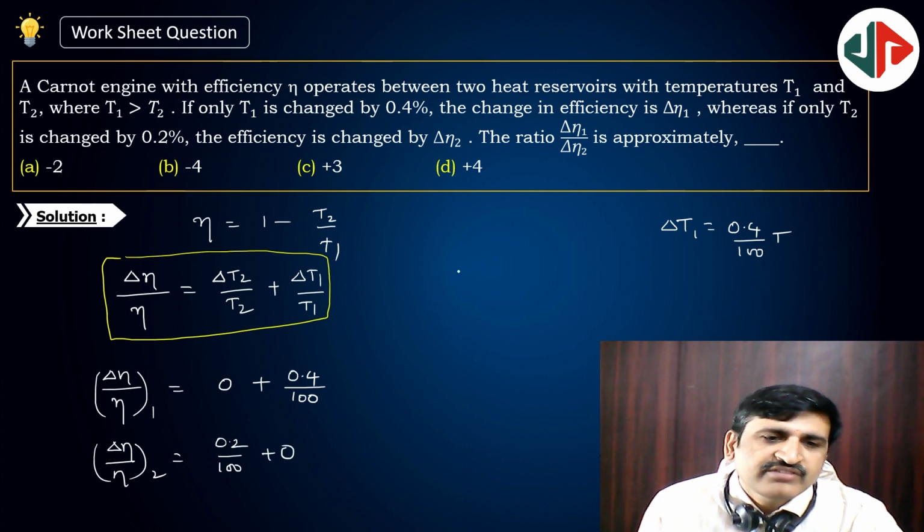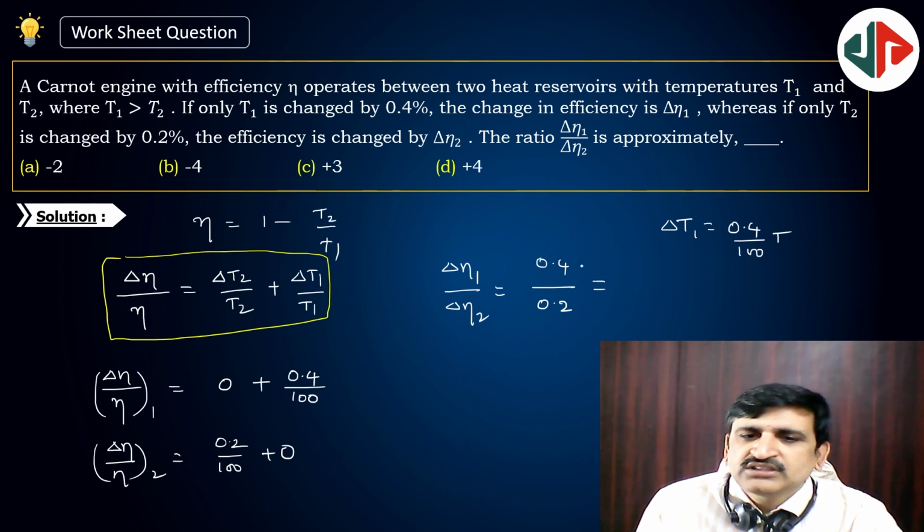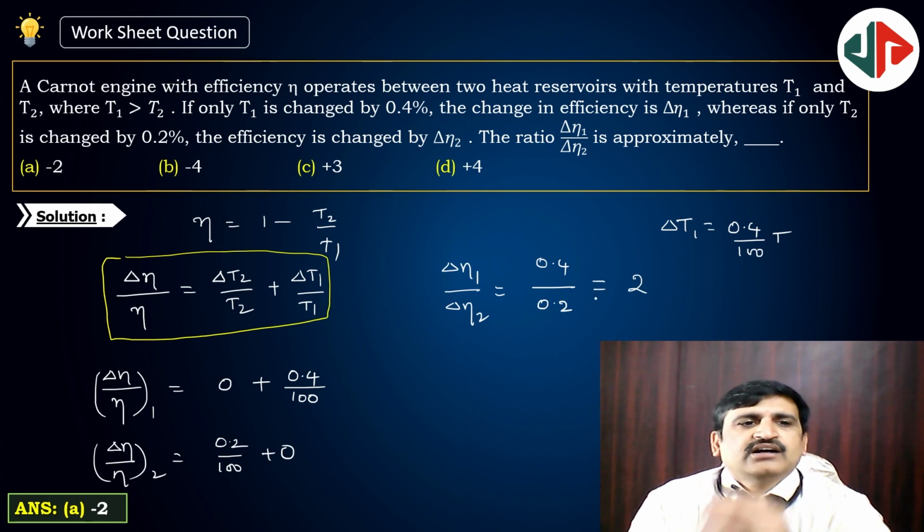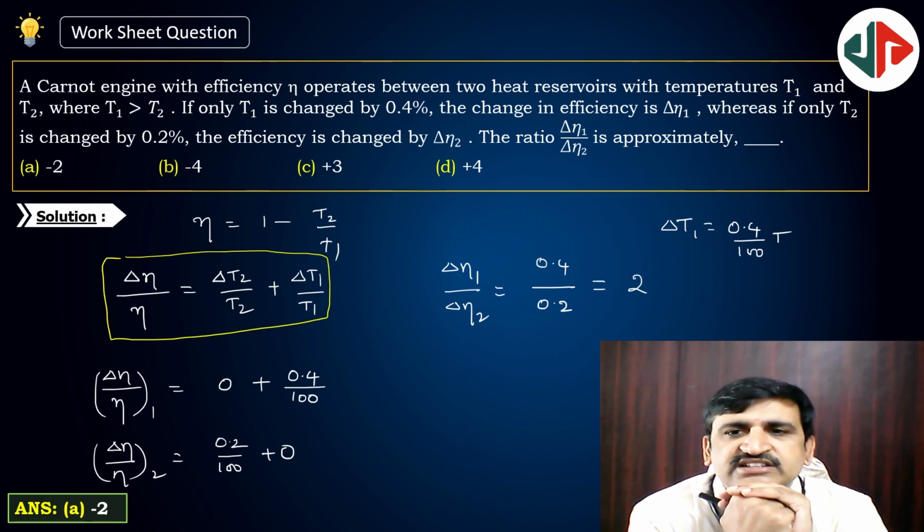Now dividing one with other, delta eta 1 by delta eta 2 is equal to 0.4 by 0.2, so 100 will go, so this is 4 by 2, that is 2 only. Here he said increased or decreased, whereas if T2 is changed, plus and minuses are also there.